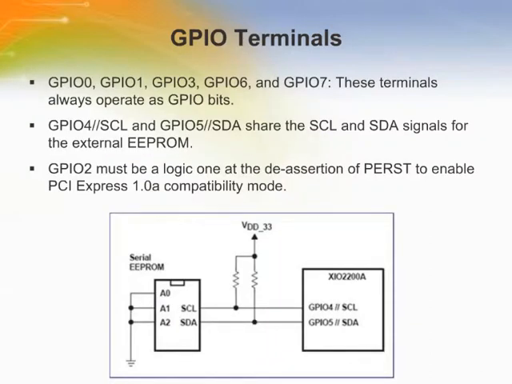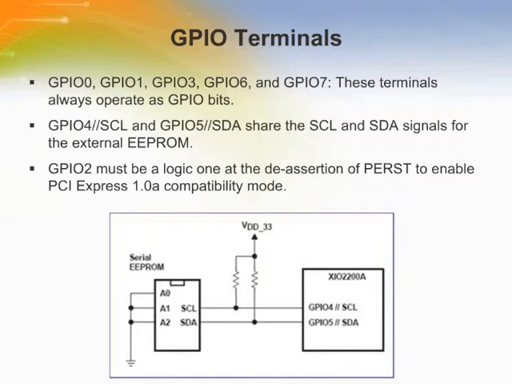There are 8 general-purpose I/O terminals in the XIO2200A. All 8 GPIO terminals are 3.3 volt tolerant. 3 of the GPIO terminals are shared with other miscellaneous functions. The remaining 5 terminals are always general-purpose inputs or outputs.